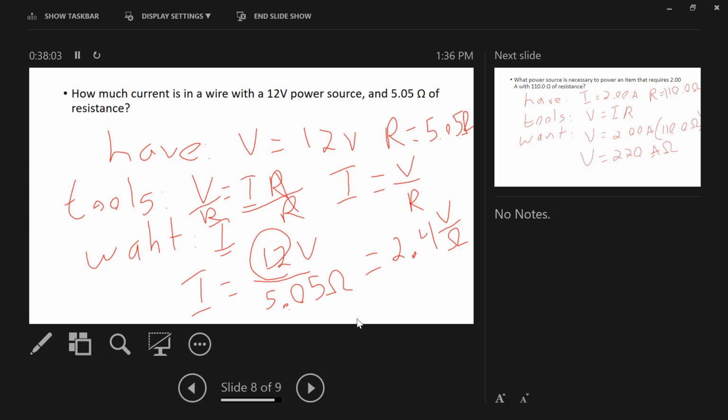Do we know voltage? We do. Do we know resistance? We do. And so we'll go ahead and plug that in. Our voltage is 12 volts. Our resistance is 5.05 ohms. And we'll leave just our units like this, volts divided by ohms, because it's not a real clean transition from that to amps. Okay, but we can leave our units like this, 2.4 volts divided by ohms.